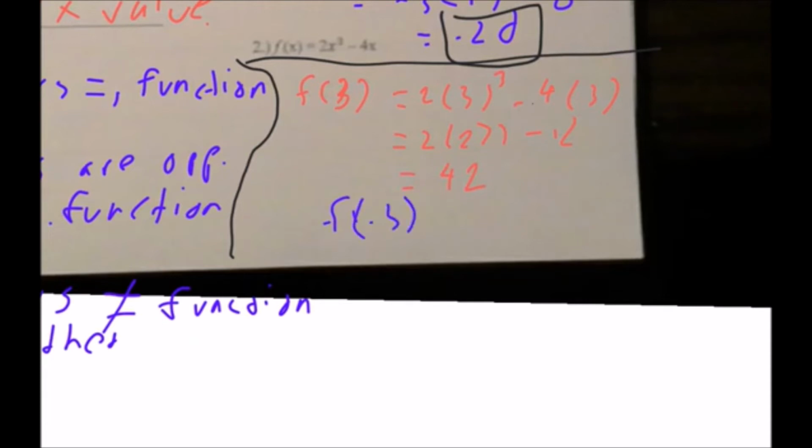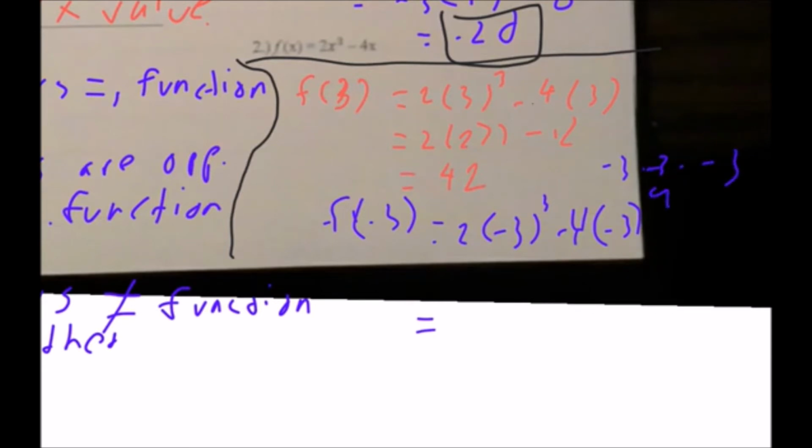-3, right? So that equals 2 times -3 cubed minus 4 times -3. That equals, remember, -3 cubed is -3 times -3 times -3.